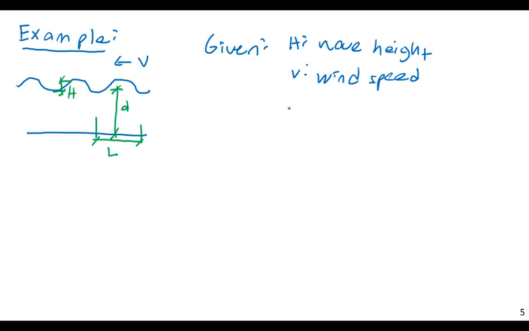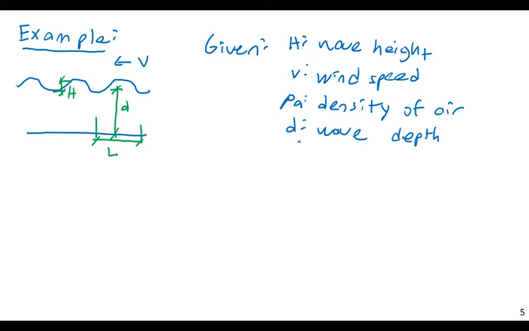Let's say that rho A is the density of air. So this might be a bit longer than the previous one. Density of air. D is the wave depth.